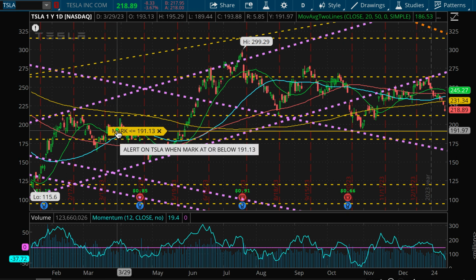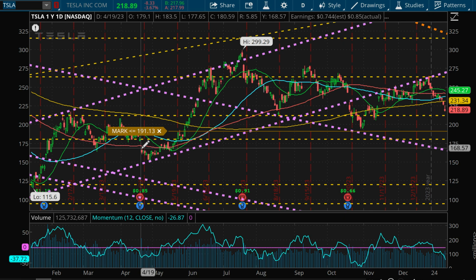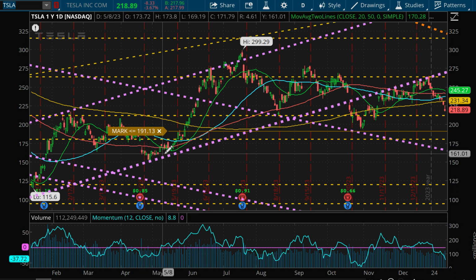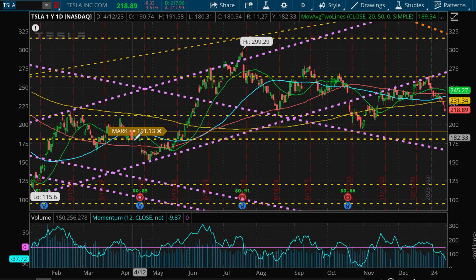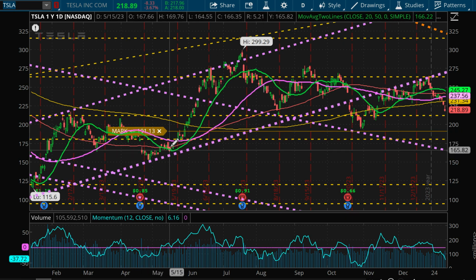Part of what this video is about is learning how to scale into a position, because sometimes it can be a failed breakout, right? Like this example, you get a failed breakout, and then once again, it spent another month below the 20 or longer. It's longer than 1 month, more like 6 weeks from here to here.